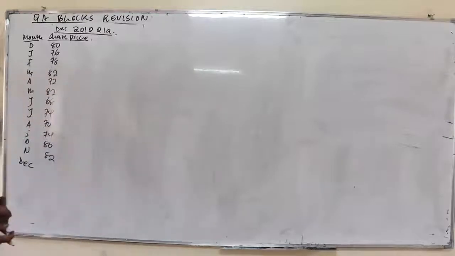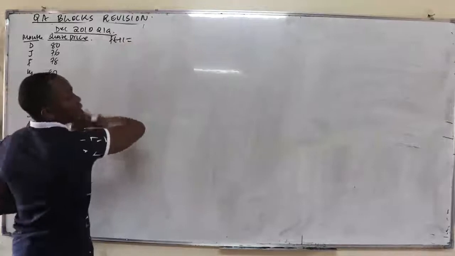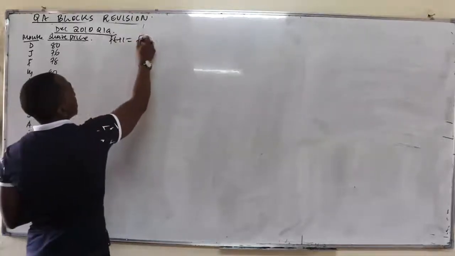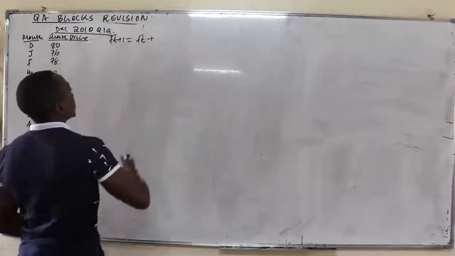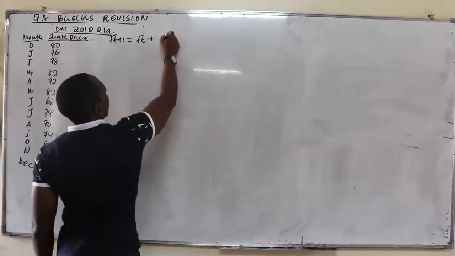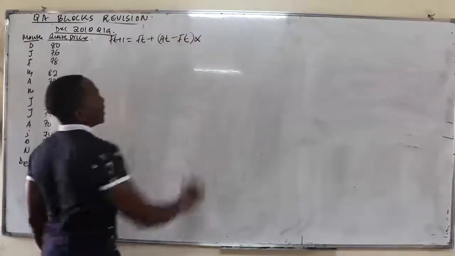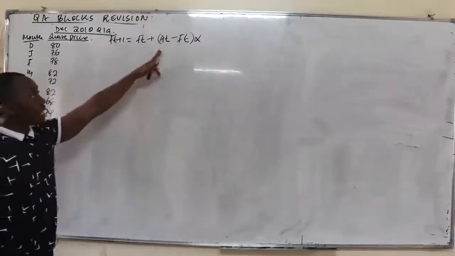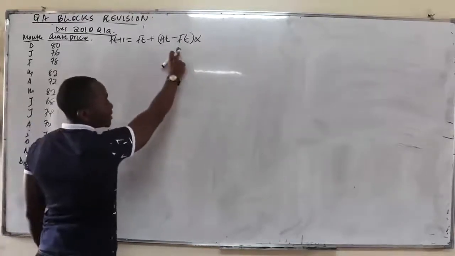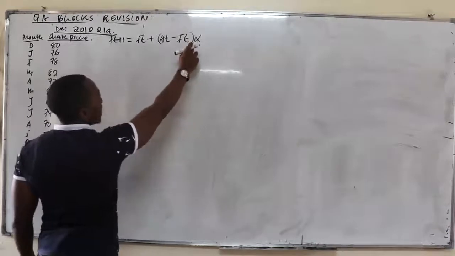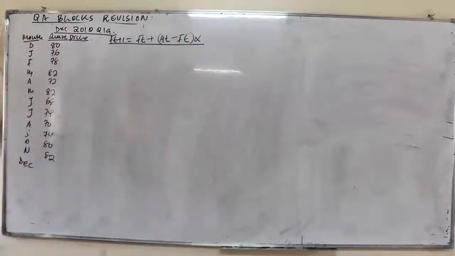Under exponential smoothing, to forecast F(t+1), you usually take Ft, which is the forecast for the current period. Then you take At minus Ft, and multiply by alpha. At minus Ft is the error made, and alpha is the smoothing constant.